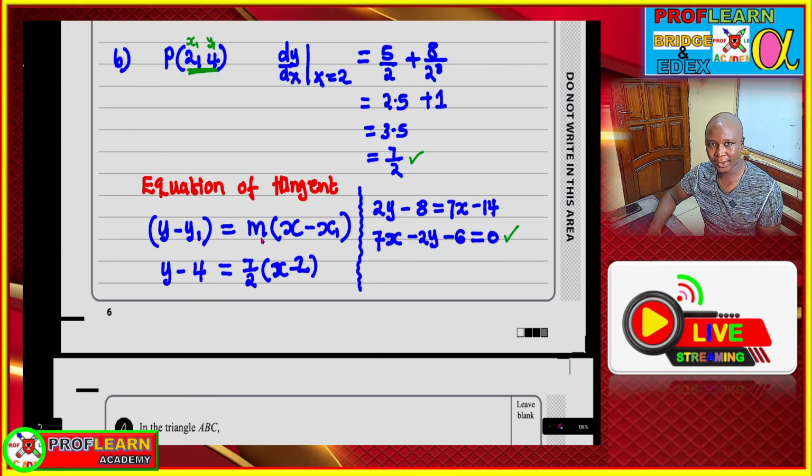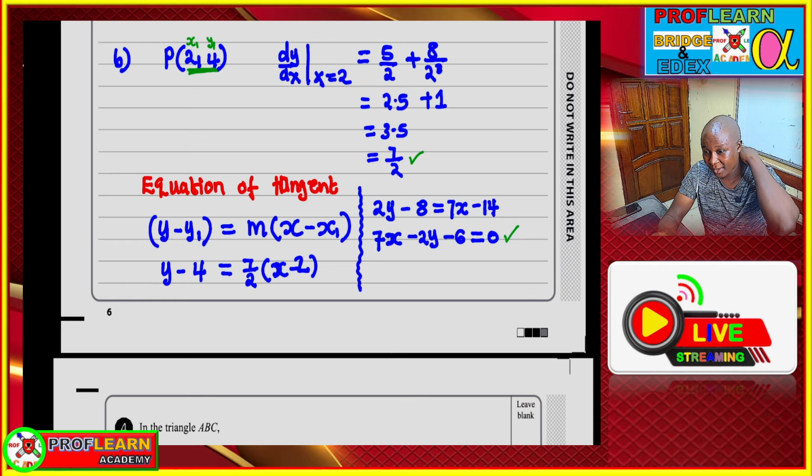But if they ask you to find the equation of the normal, something that you need to remember is that the gradient of the tangent and the gradient of the normal should give you -1. And also that means that the gradient of the curve times the gradient of the normal must give you -1. So those are the key concepts that you need to remember.